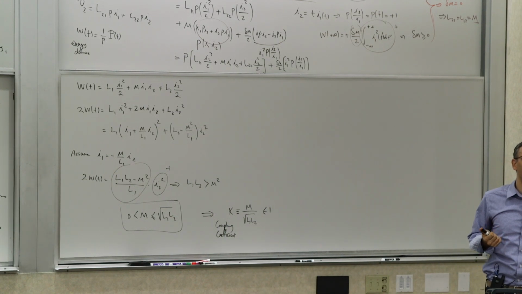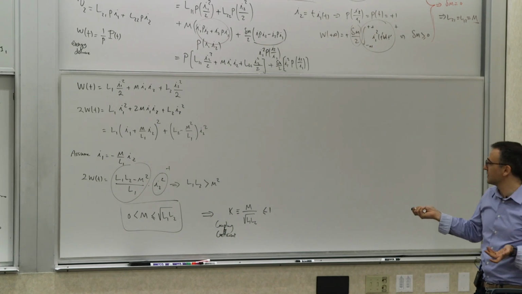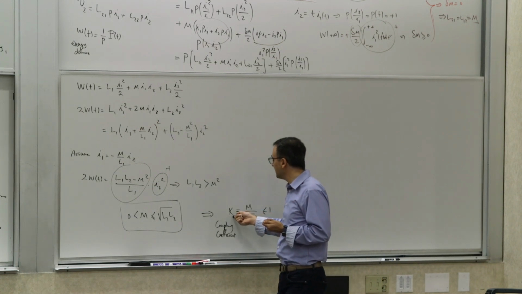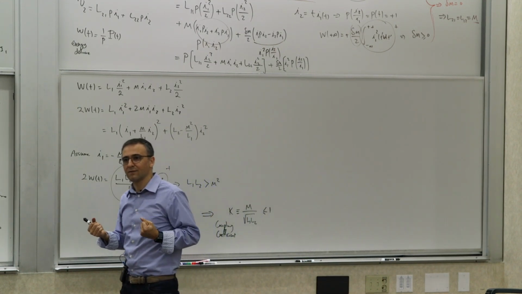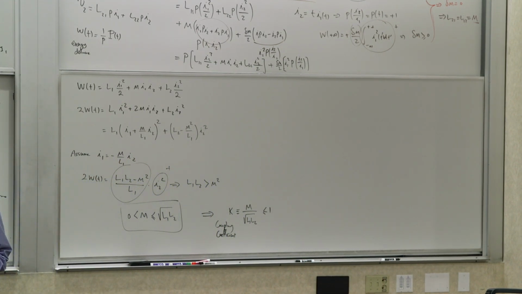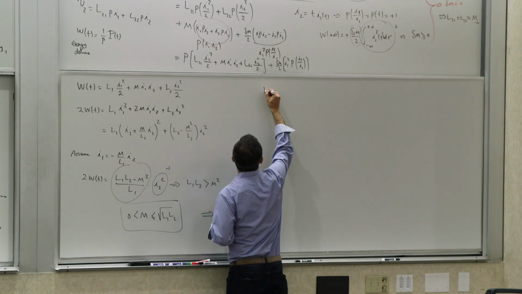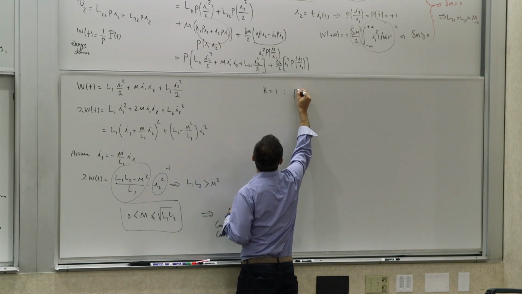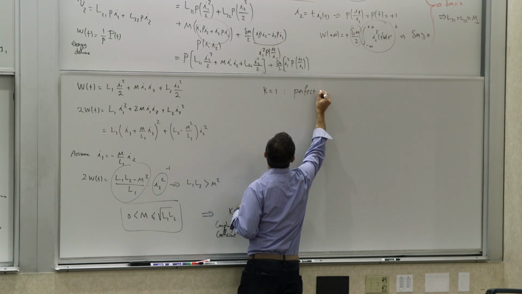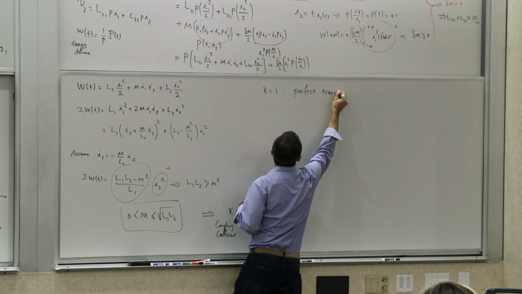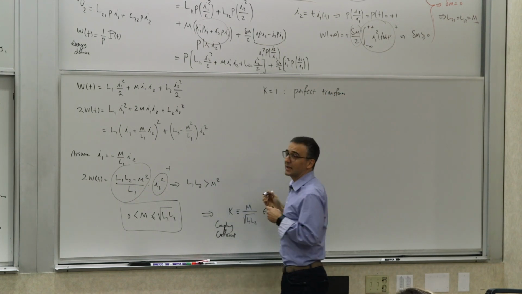The coupling coefficient cannot exceed 1 because of this relationship. This coefficient captures a lot of the essence of transformer behavior. When k equals 1, we call it the perfect transformer. It means that m is the geometric mean of L1 and L2.